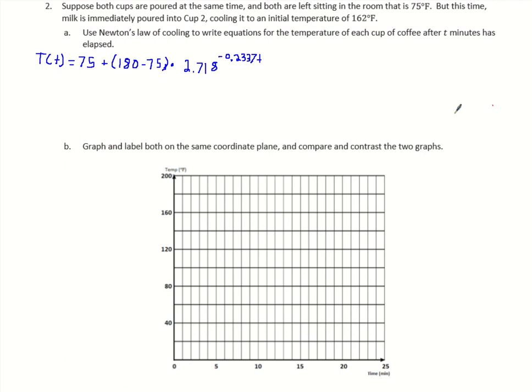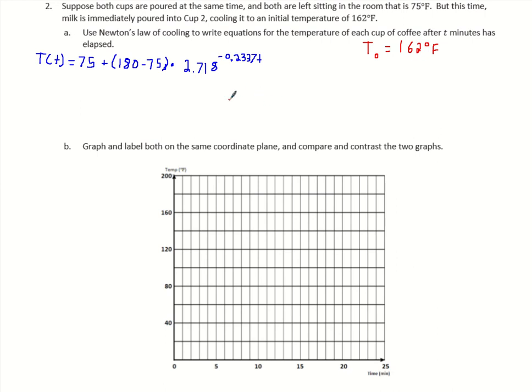For our cup 2, most things are going to be the exact same as cup 1. But this time for cup 2, we have an initial temperature change. Our initial temperature is going to be 162 because of the milk that we poured in. It's 162 degrees Fahrenheit.